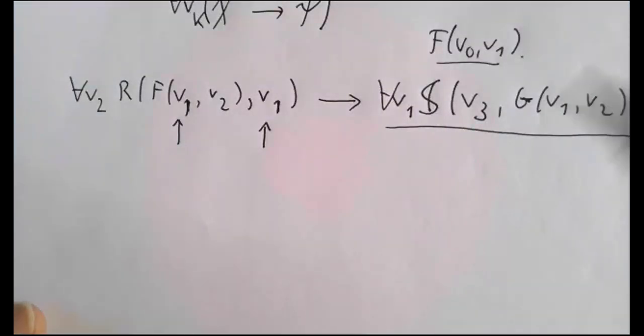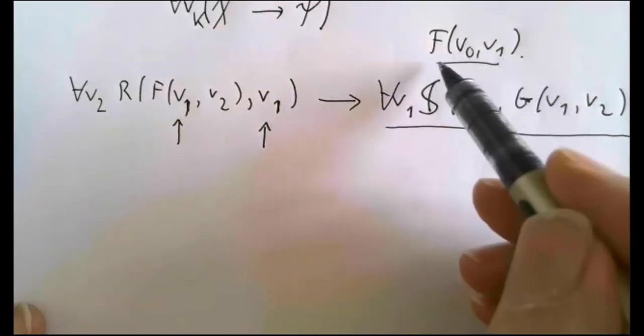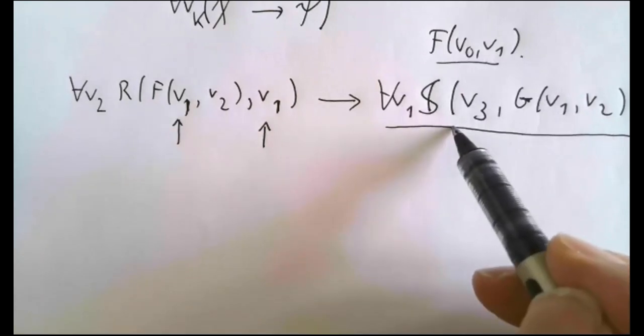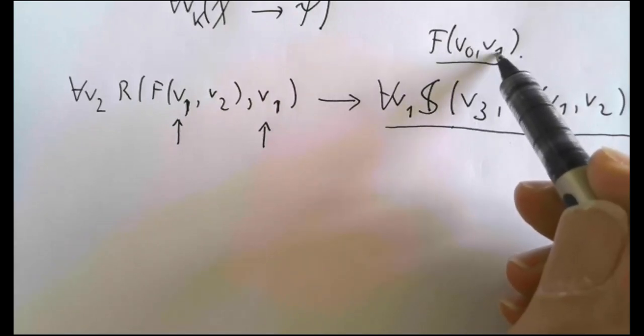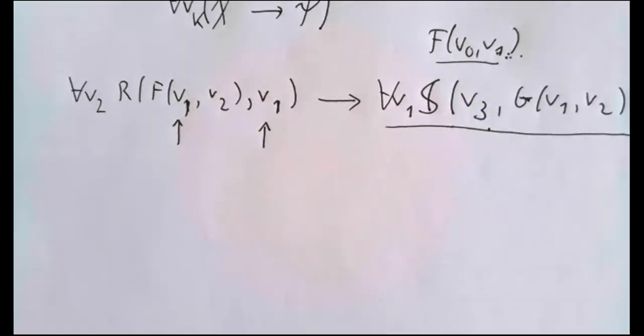So I can substitute this thing in here, because although v1 is one of the free variables of the formula here, v1 is not one of the free variables of this. So it's okay to substitute. This is substitutable for v1 in here, in this kind of default case.